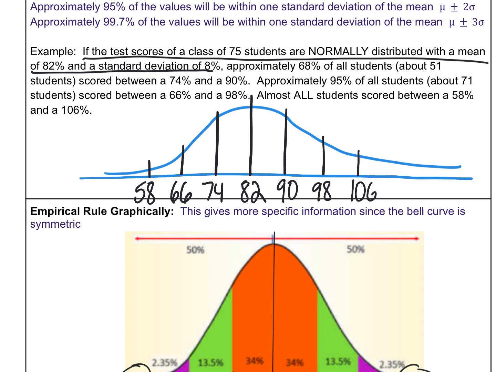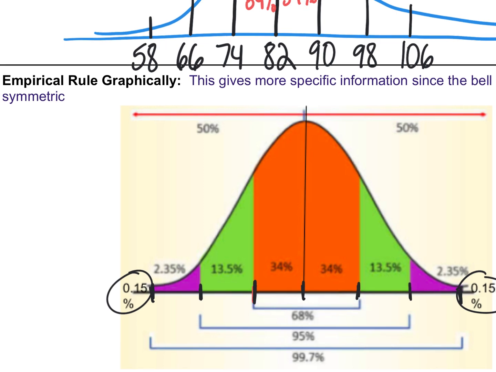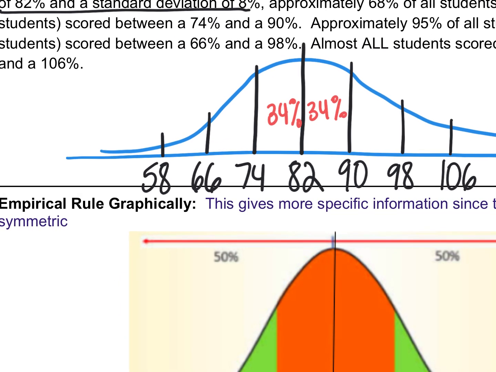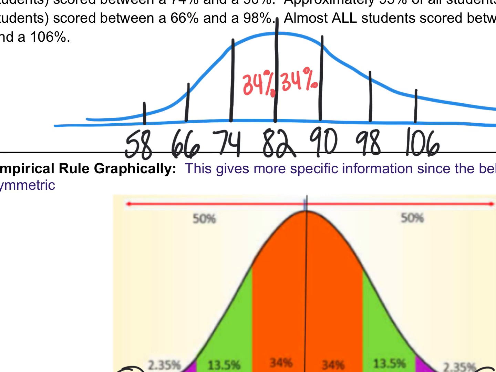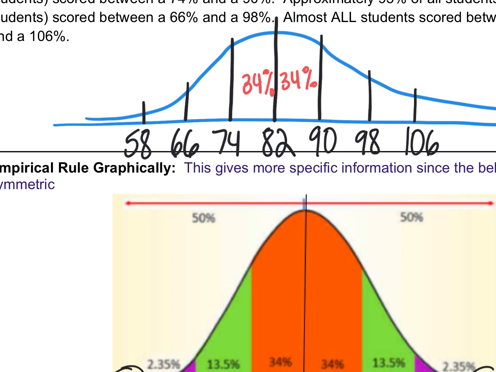Then from there, I'm just filling in my percentages. I know that this middle adds up to be 68, so each of these are 34. Once again, I'm giving you this picture right here, so don't act like I'm just pulling these out of nowhere. 2 standard deviations left and right gives me 13.5%. 3 standard deviations left and right gives me 2.35%.